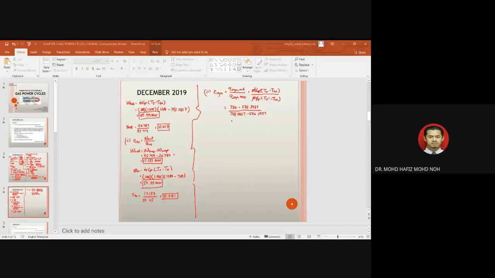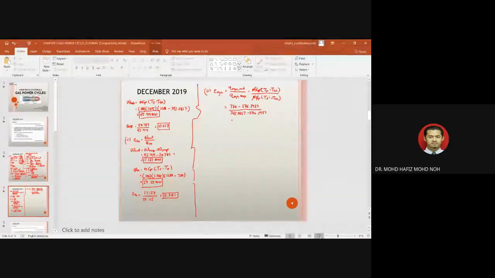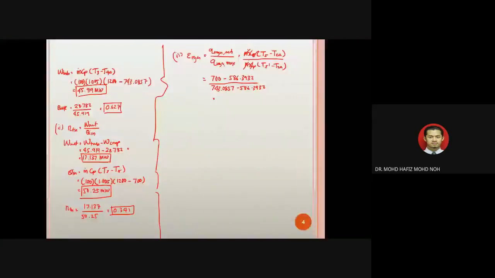So the value, if estimated, is 0.725, which is 72.5%. Okay. Alright guys.